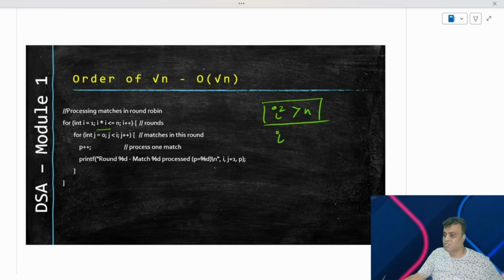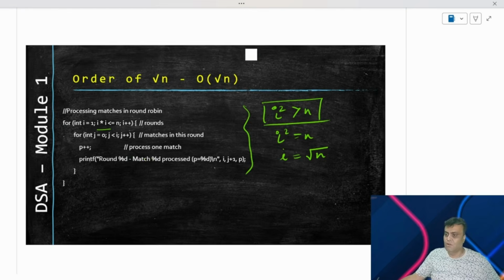If we just remove the inequality and say that we will do an equality, then of course we will get to something like this, and therefore i, when it will stop, will be equal to root over of n. So directly we can say that this will execute for root n number of times, right?